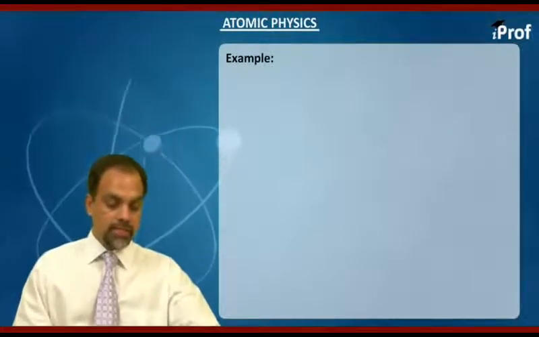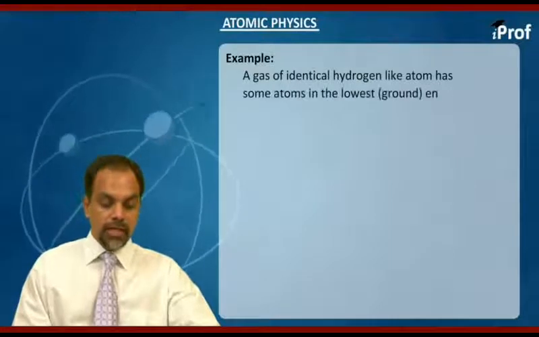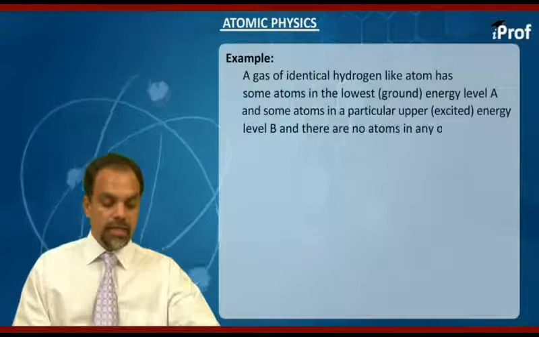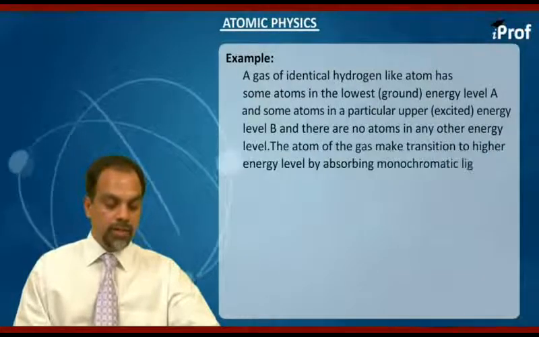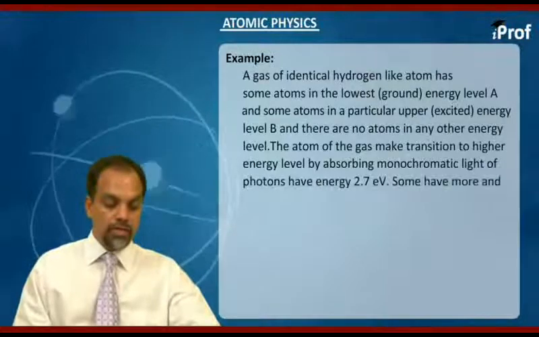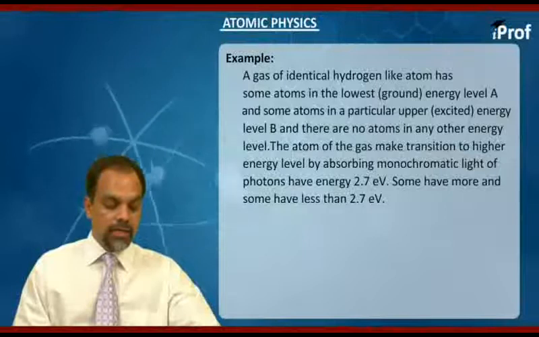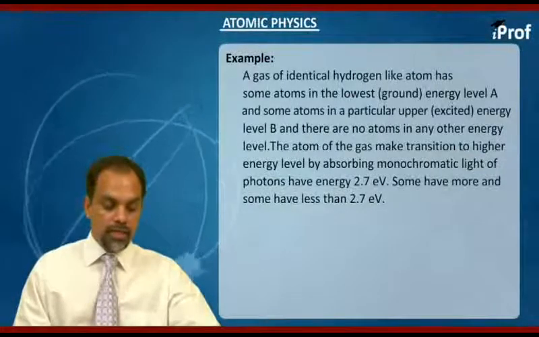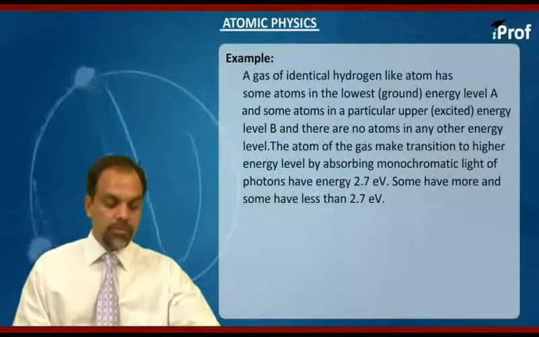1989. The problem says a gas of identical hydrogen-like atoms has some atoms in the lowest energy level A and some atoms in a particular upper excited energy level B, and there are no atoms in any other energy levels. The atoms of the gas make transition to a higher energy level by absorbing monochromatic light of photon energy 2.7 electron volt.